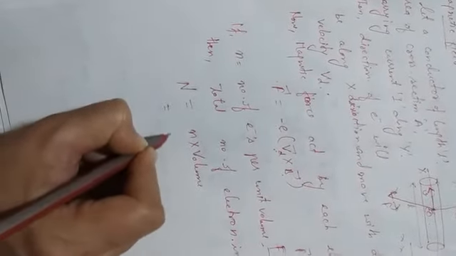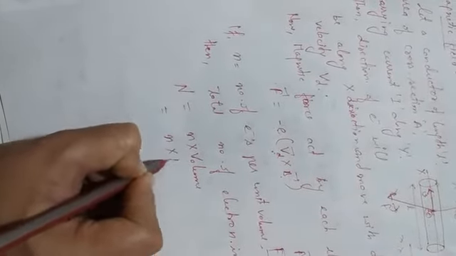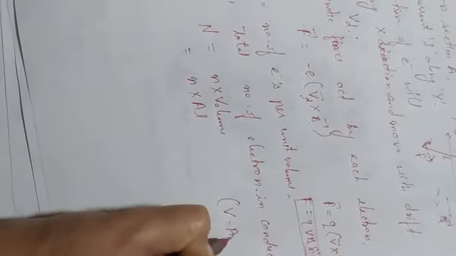Volume equals area into length, so we can write n into A L. From this relation we can write it.